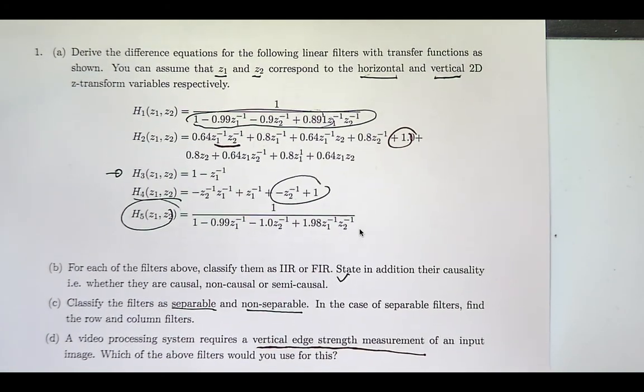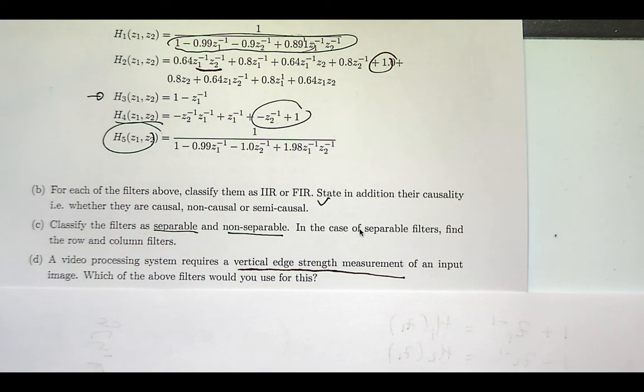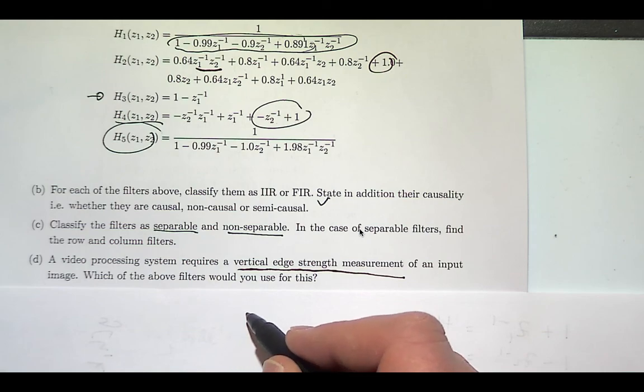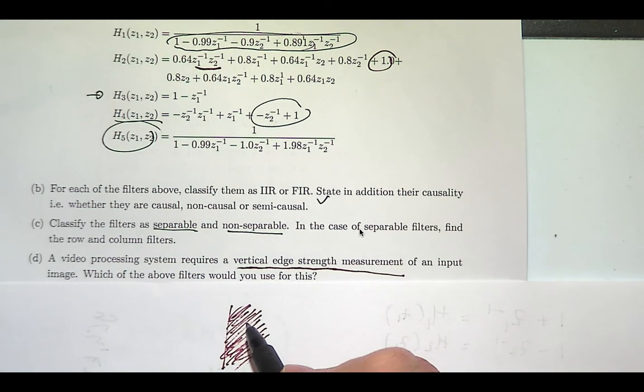So remember, if you have your picture, there might be a vertical edge. The vertical edge would be, for instance, a very dark side of this picture, and here it's very bright, and so that would be your vertical edge.